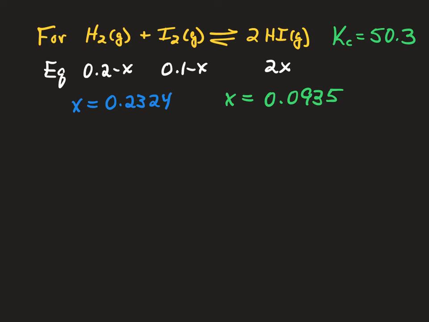This 0.2324 is bigger than this 0.2. If we subtract this from this, we will get a negative number. A negative concentration makes no sense. 0.1 minus this is going to give us an even more negative number. So physically, that doesn't make sense because we can't have a negative concentration.